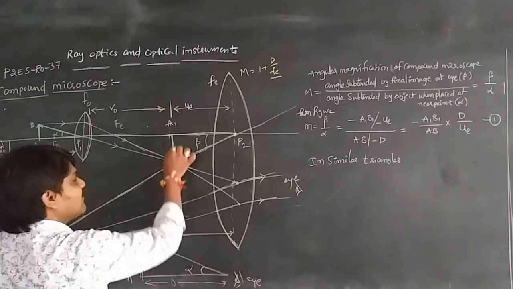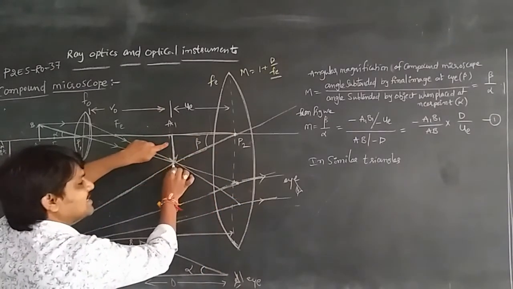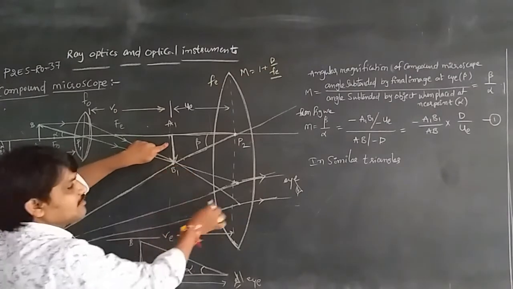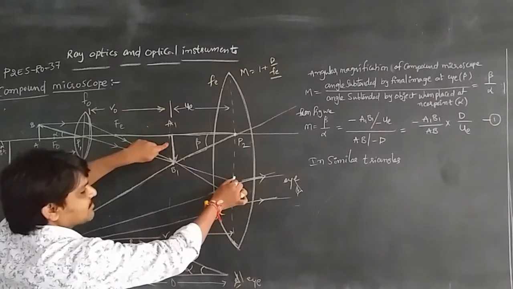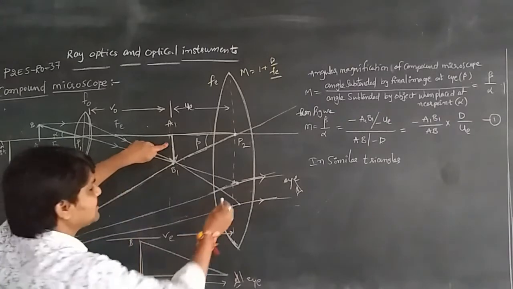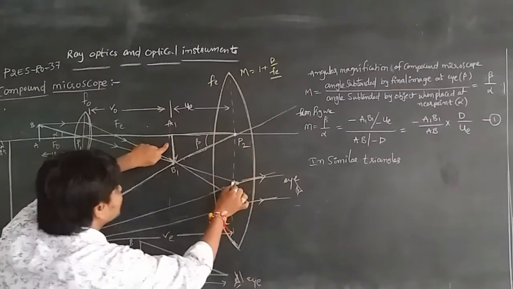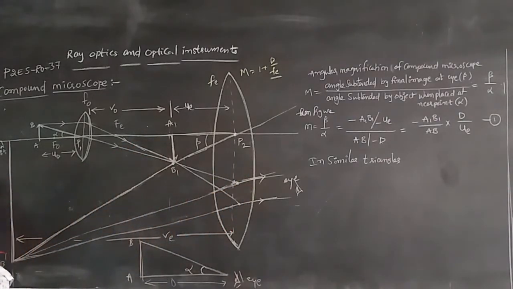A1B1 acts as the object for the second, eye side lens, so that the image is formed behind the object. Here A dash B dash is the final inverted image of this object.